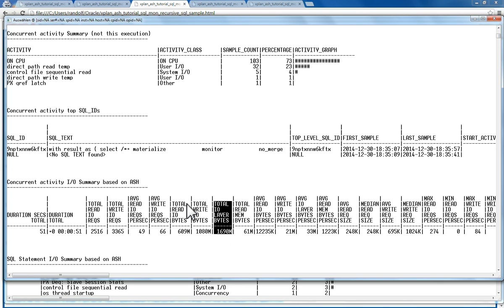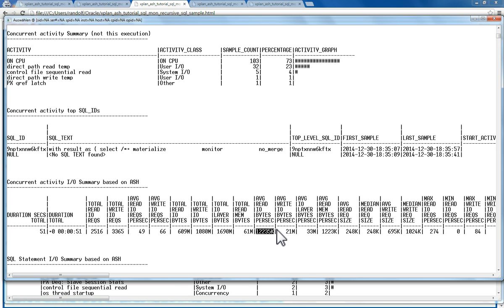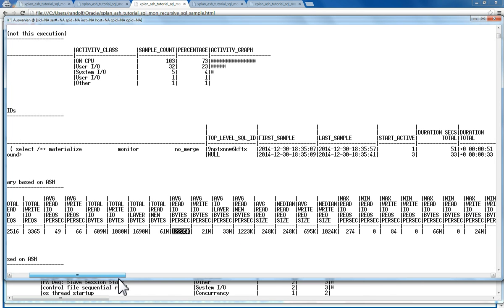For non-Exadata cases, as I said, it doesn't really add that much value, because it's simply the sum of those two. Then you get the corresponding averages. So this gives you maybe something like an average read and write bytes per second, which might be interesting if you're looking into I/O performance issues.